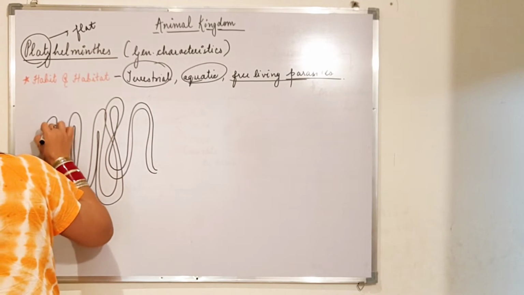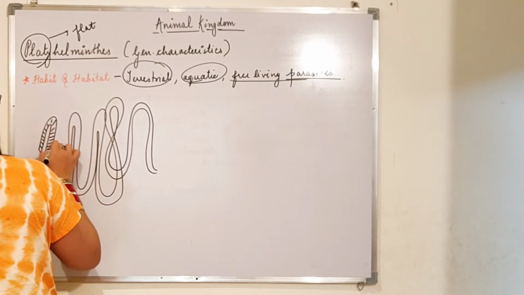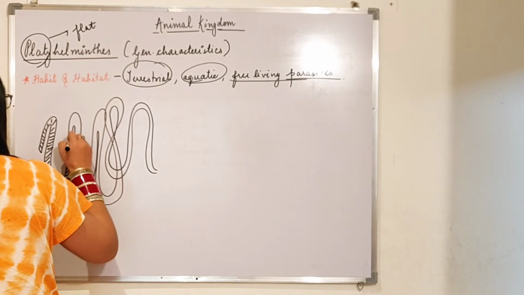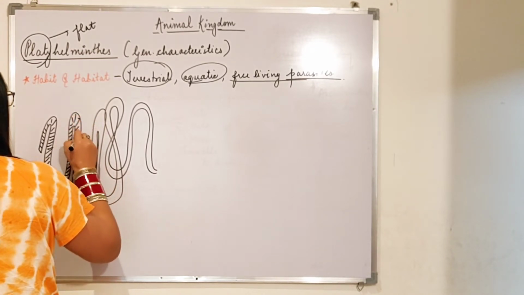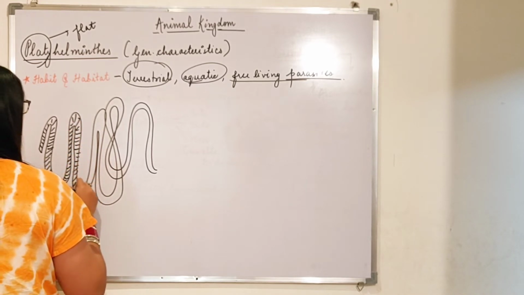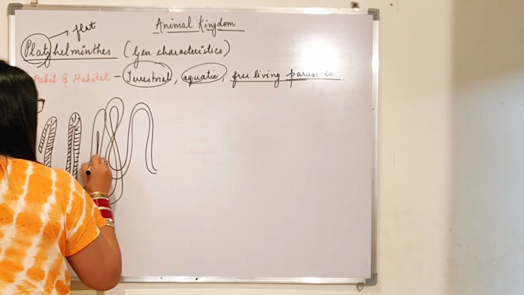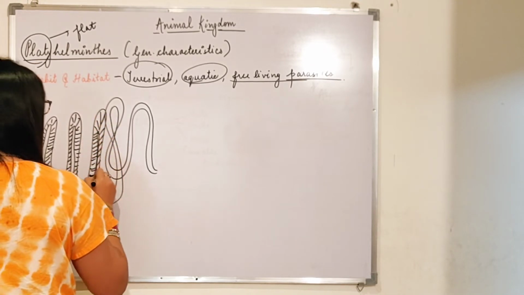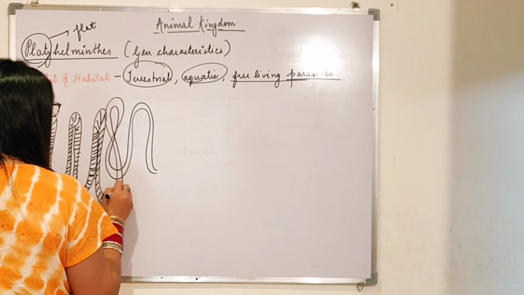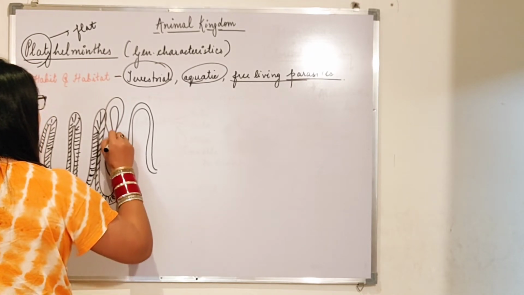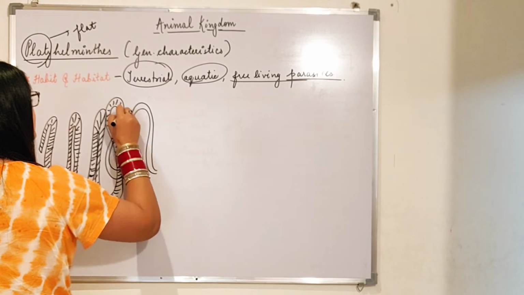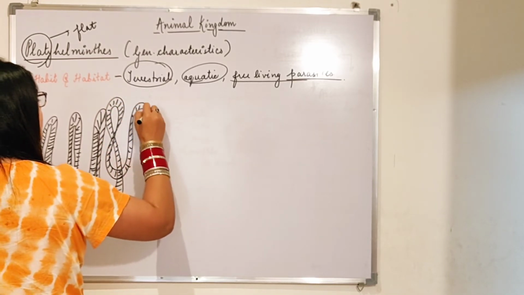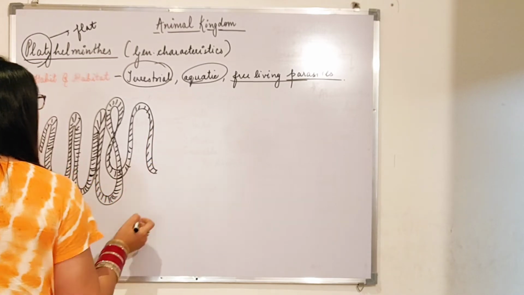This is the diagram of an organism which lives inside your body. What is the name? It is an endoparasite. Yes, this is the tapeworm, Taenia. Okay, beta? This is the Taenia. I am just drawing so that you understand the basic features of the particular organism which are present in this phylum. Okay, what special features do they have?